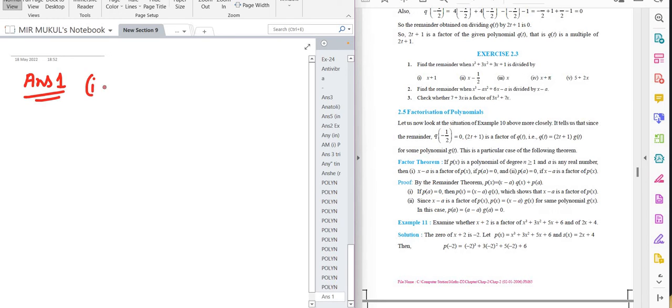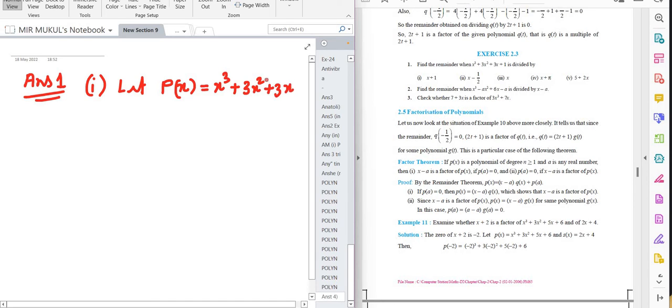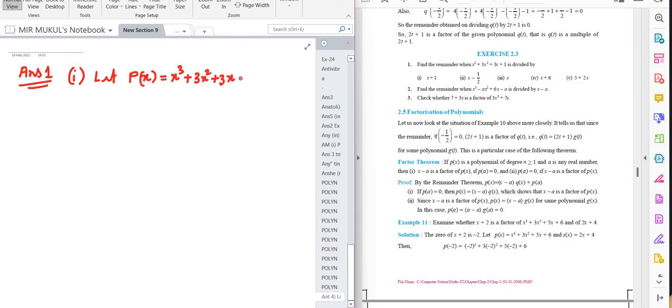First question. Here you have to write, let P(x) equal x cube plus 3x square plus 3x plus 1.